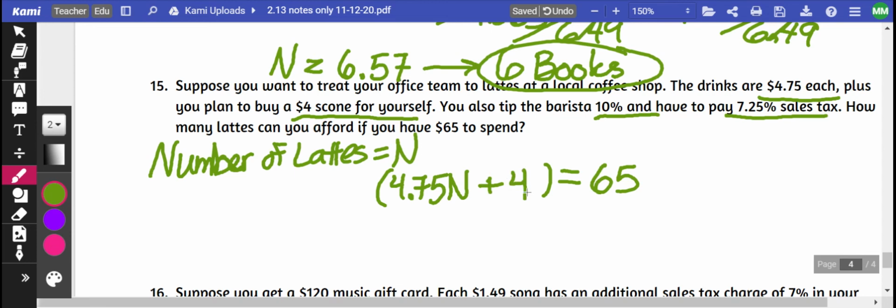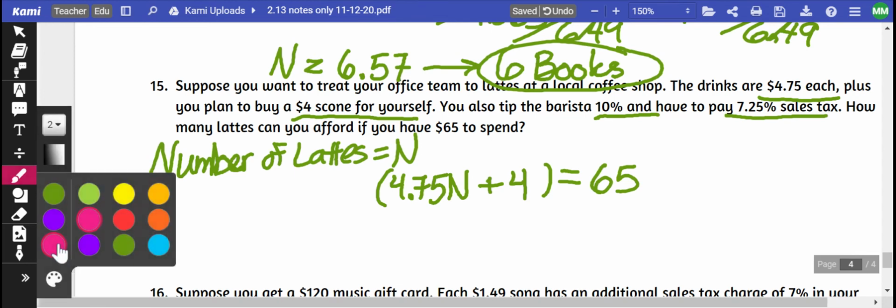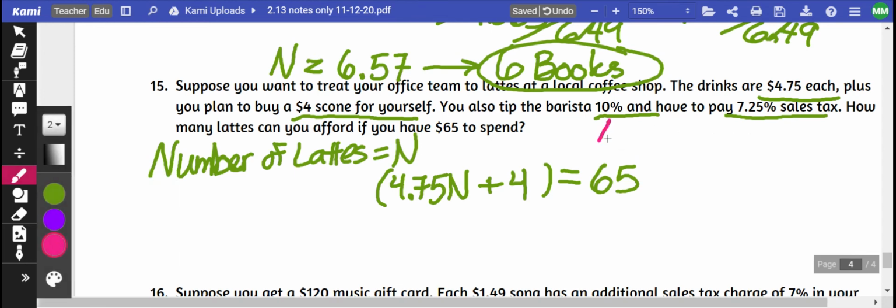So that will also be applied on the inside of the parentheses, because everything in there will have the tip and the tax applied to it. For your tip, that would be 1.10. For your tax, it's 1.0725. So 7.25%, your 7 is going to be still 2 decimal places in because it's less than 10.